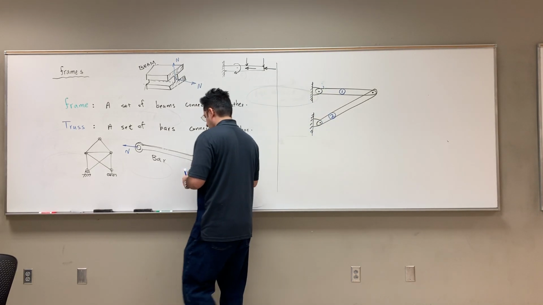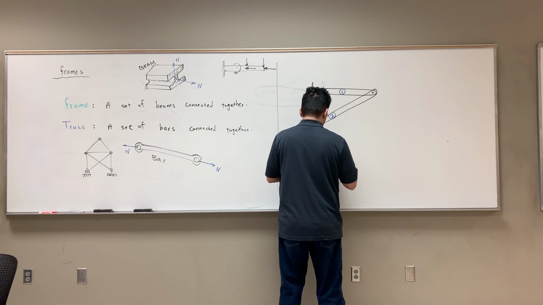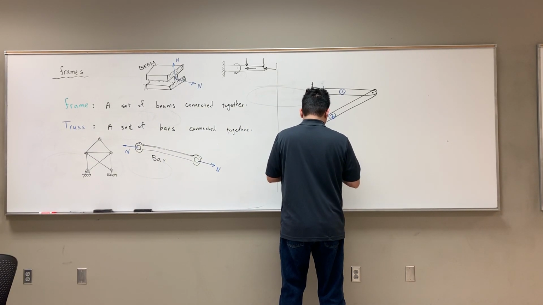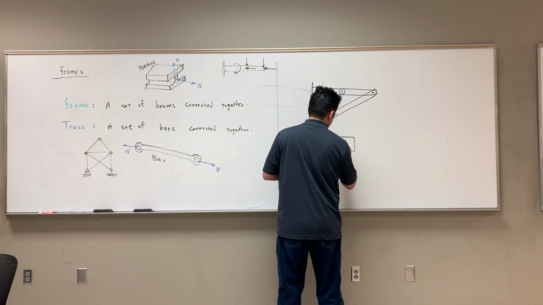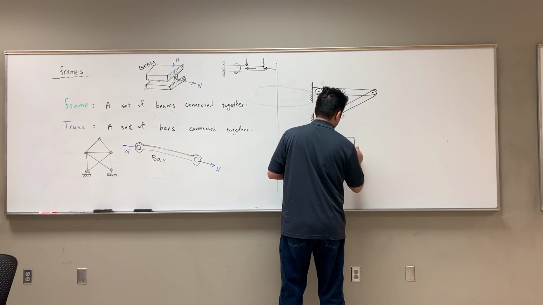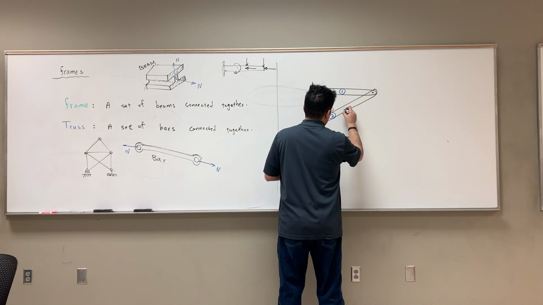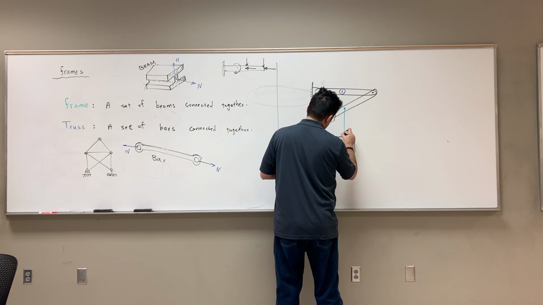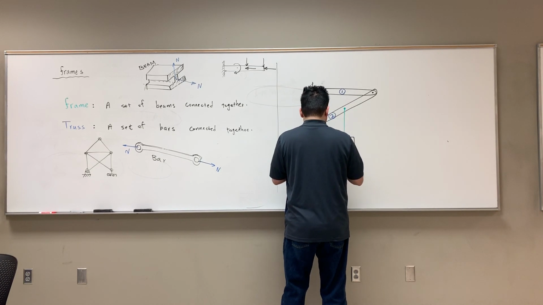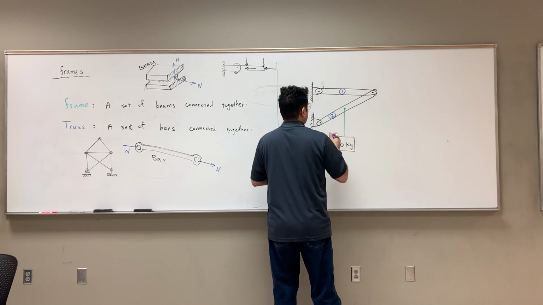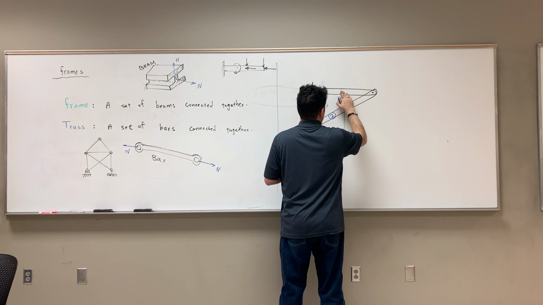And then we're going to have some load. We're going to have a mass here, 10 kilograms. This is hanging on this point. Let's say there is another distributed load.